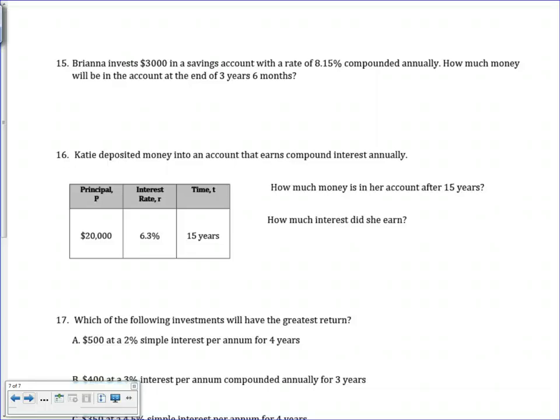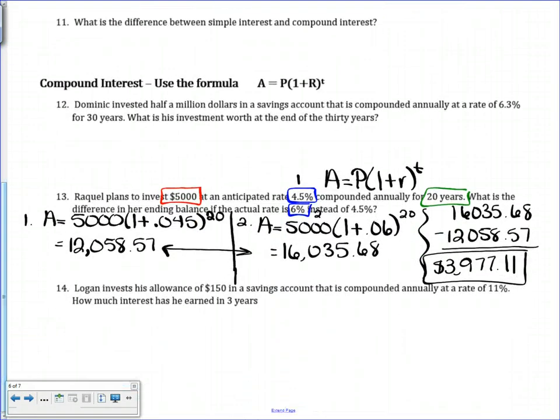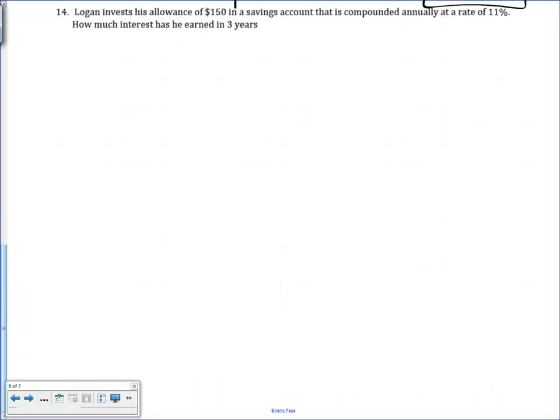Oh, sorry, go back. We're going to do number 14 as well. Logan invests his allowance of $150 into a savings account that is compounded annually at a rate of 11%. How much interest has he earned in 3 years? So our principal is 150.